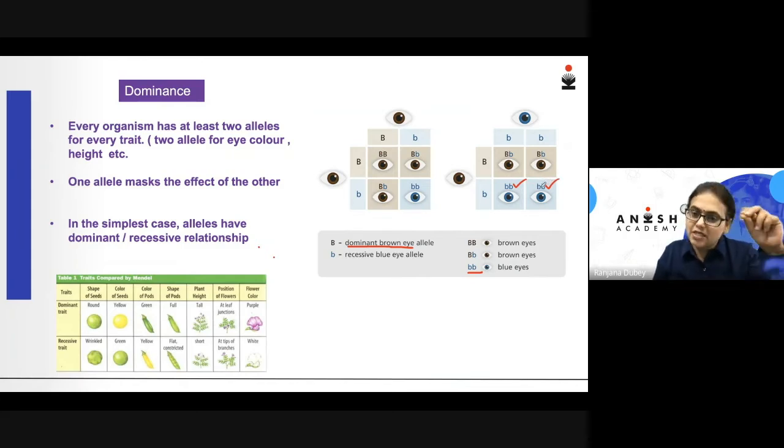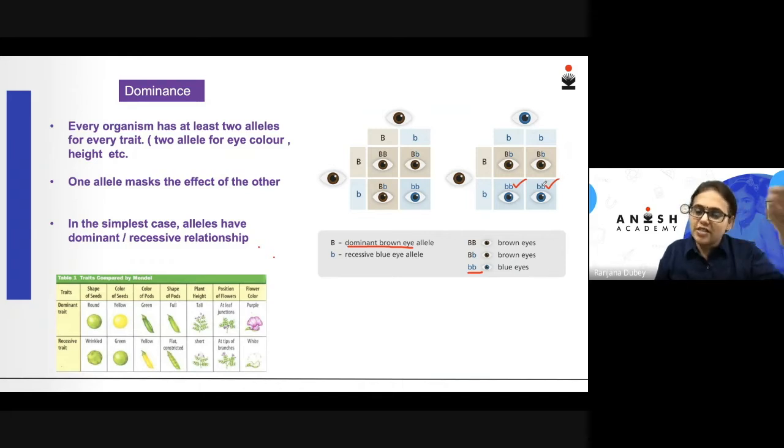So that suggested that small b, the allele for blue color, is a recessive allele. It will be completely masked or hidden in the presence of the allele for brown color. Thus it is a recessive allele, and the allele for brown color, capital B, is the dominant allele.